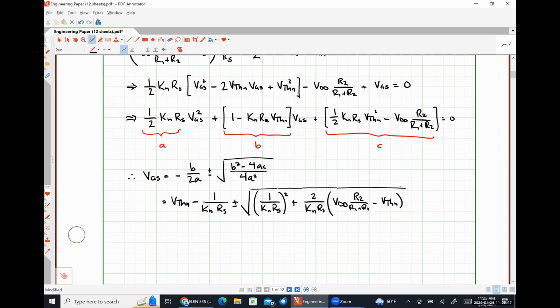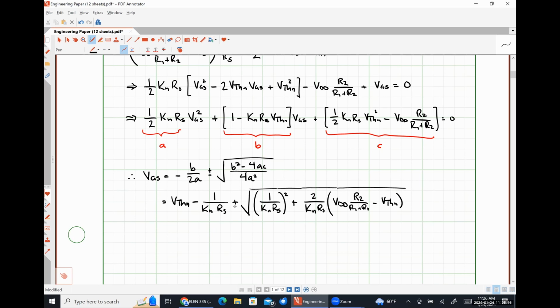If VGS is a negative number, is our device in saturation? No. So we can literally just throw away that solution because we know for sure it's not going to be the solution that puts us in saturation.